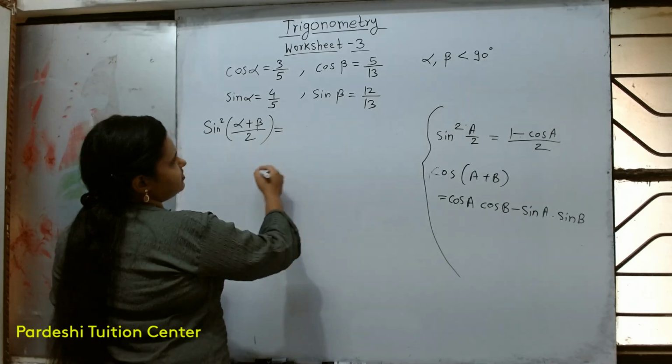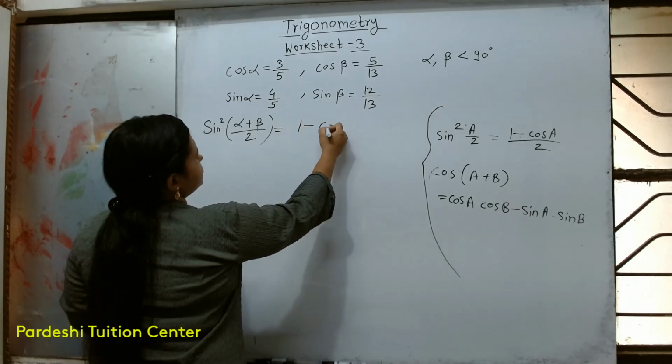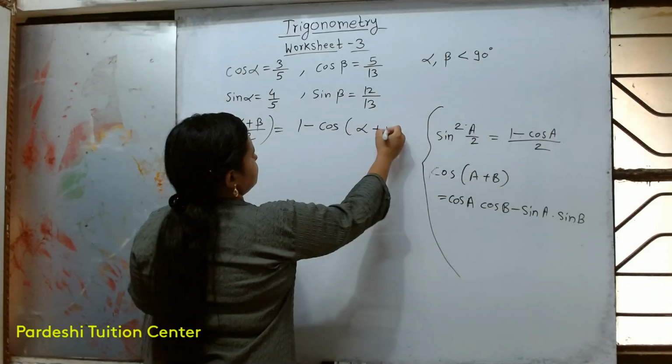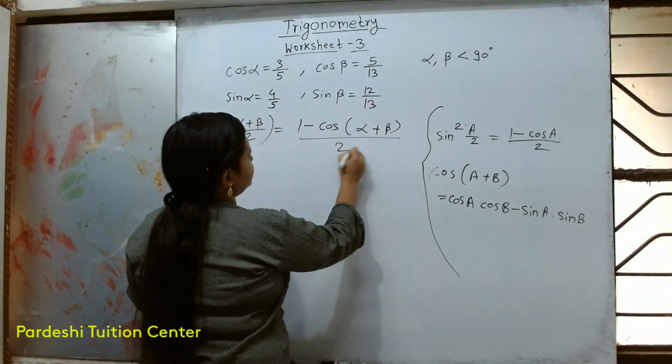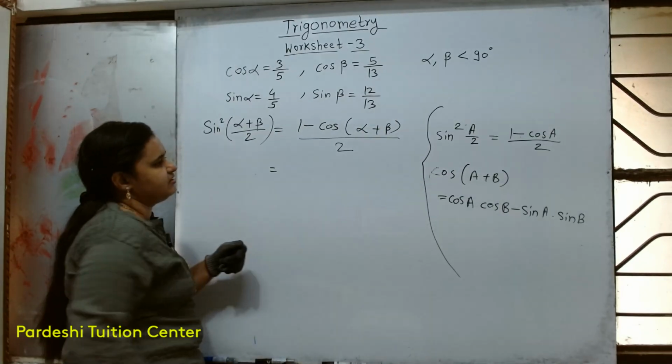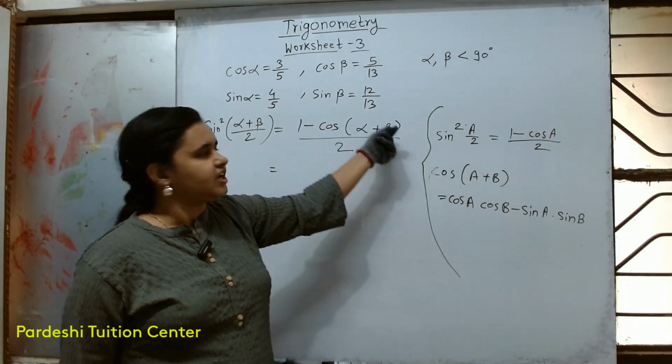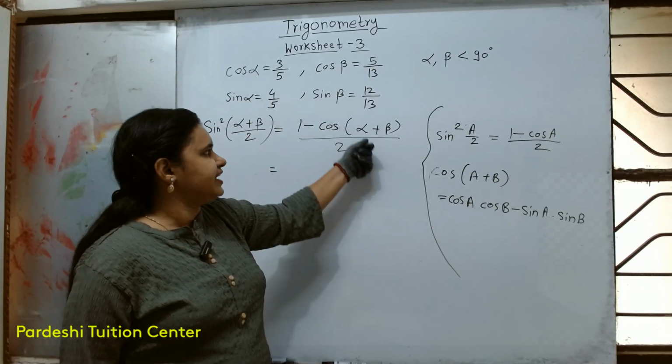So it will be 1 minus cos of A, where A here is alpha plus beta, by 2. Now again this formula is used. Cos of (alpha plus beta) means we can consider it as cos of (A plus B).